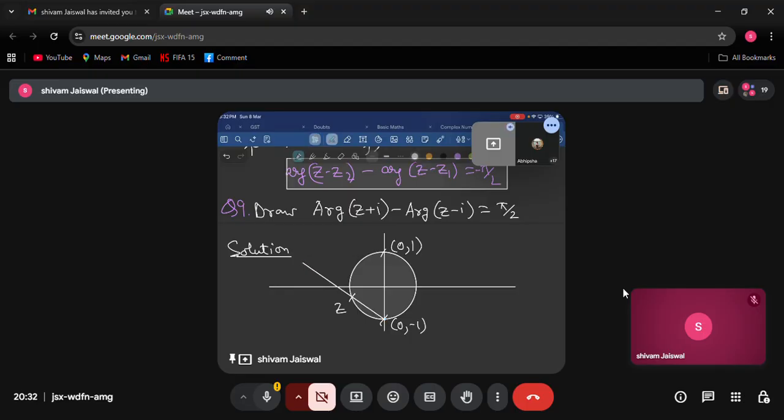And this is z minus iota. Okay. Then only the angle between them is 90 degree. Okay. Is it clear? So this is the locus. That is the left hand side. It's not going above your head, right, everyone?